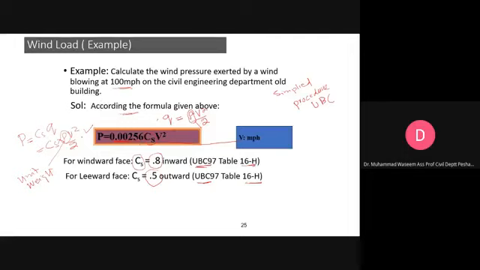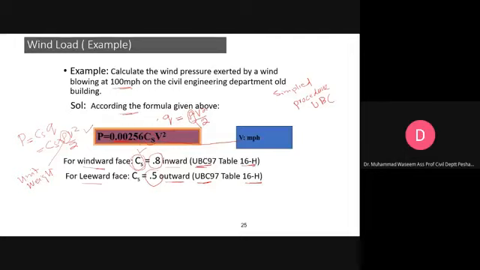So how will you compute the pressure? We know that there are two sides, the windward side and the leeward side. We have neglected the sides of the building. We are just considering the windward and leeward, and we have to go to the code and, based on the characteristics of this building, come up with CS values, inward and outward.